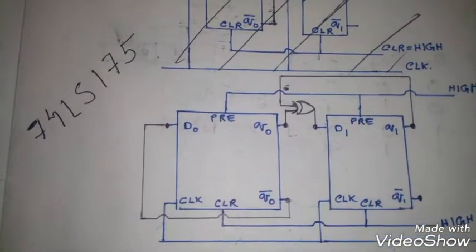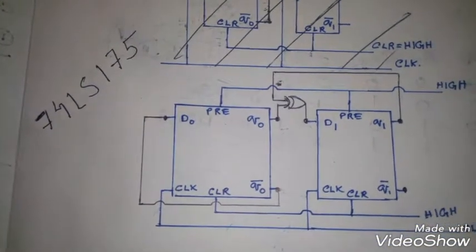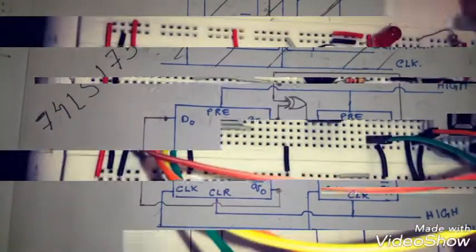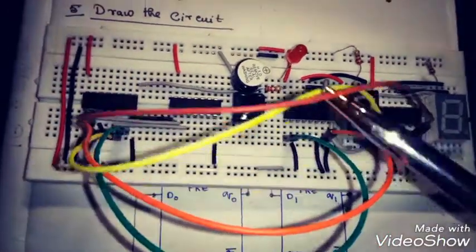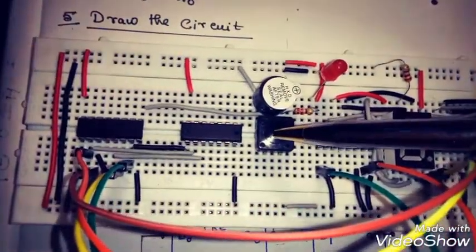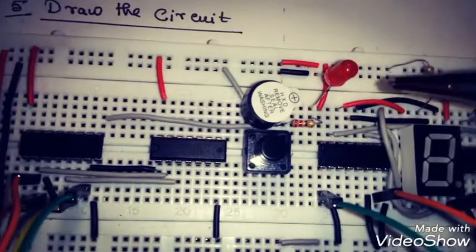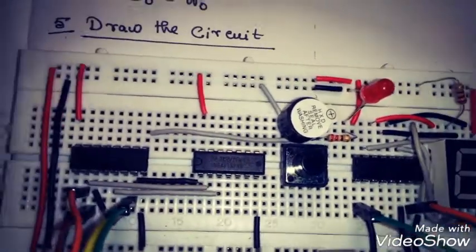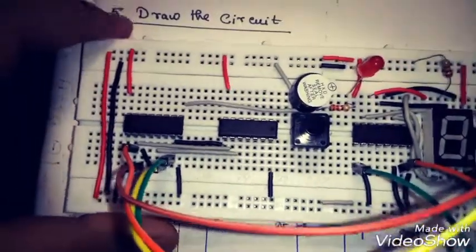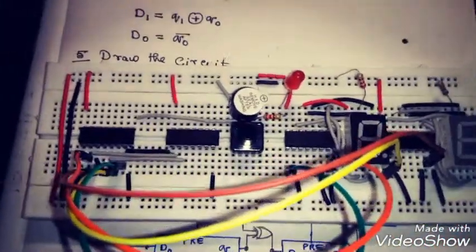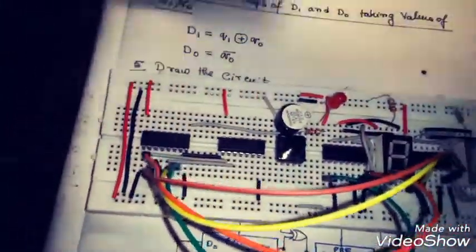So now let's move on to perform the experiment practically. I have made the circuit on the breadboard, and here is my clock enable switch to enable my clock pulse. Now I will be providing the clock pulse, and let's see the result. First of all, I will be giving the clock pulse from my Arduino.